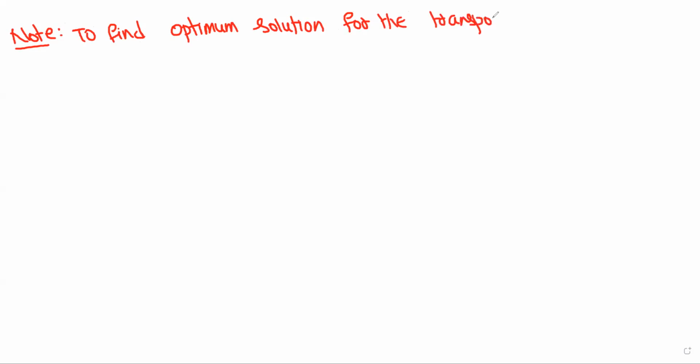Note. To find optimum solution for the transportation problem, we have to follow two steps.